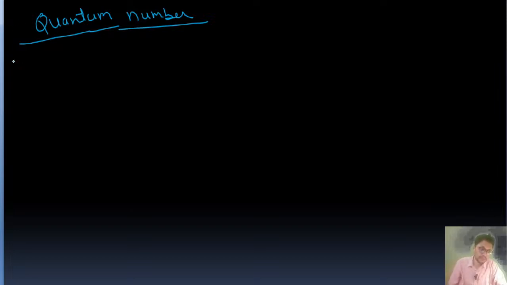So we know the quantum numbers: principal quantum number, orbital quantum number, orbital magnetic quantum number, and spin quantum number. Okay, basic things, and we'll start with the basics.